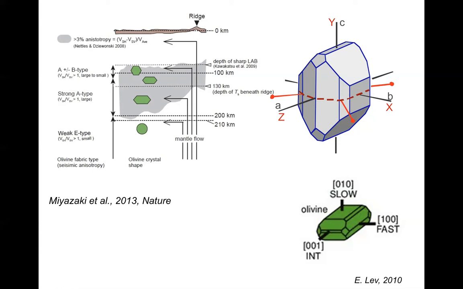So there's a lot of complexity to the way that the olivines can be aligned in the mantle, but we know that without this plastic movement of the mantle, much like silly putty can be deformed, we would expect the olivines to be randomly oriented and not to show a difference in wave speed.